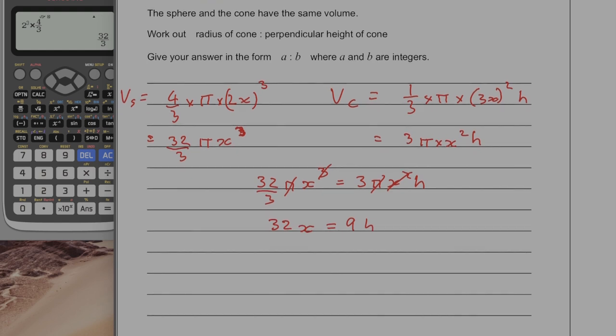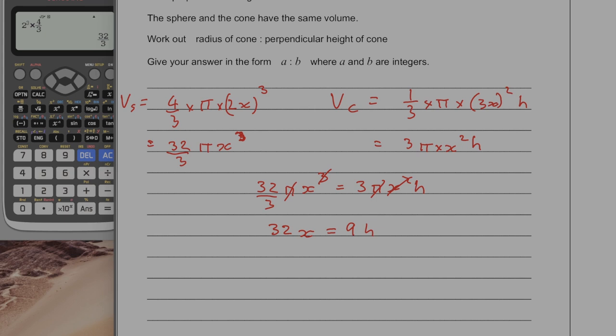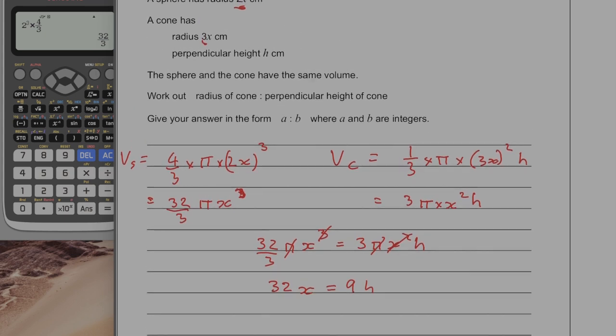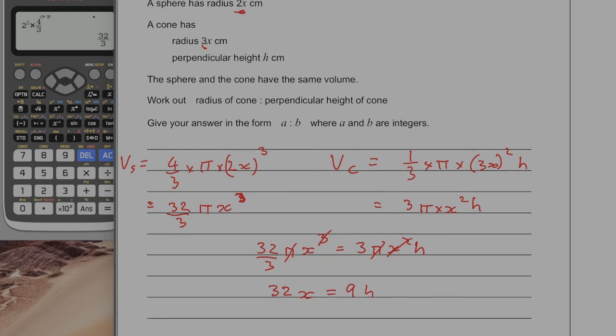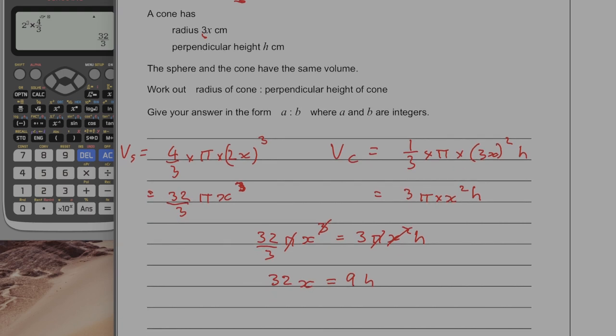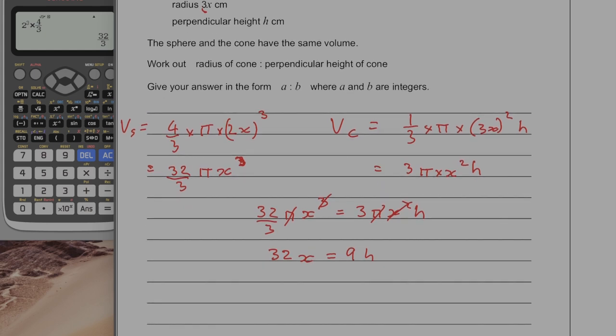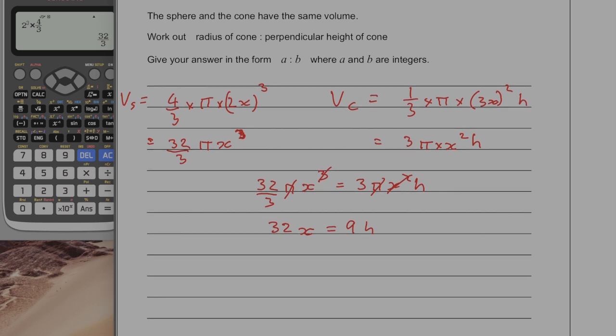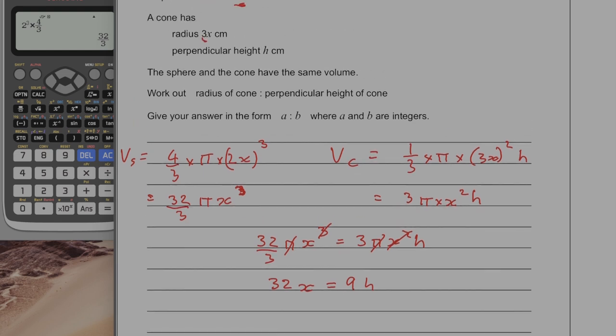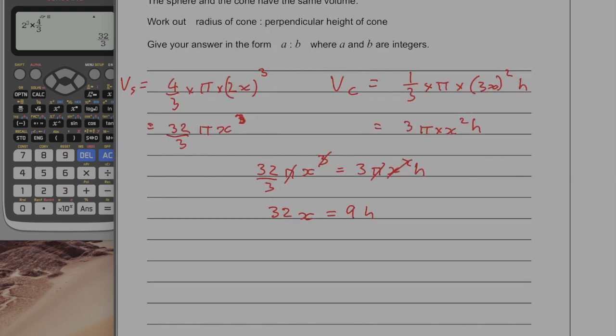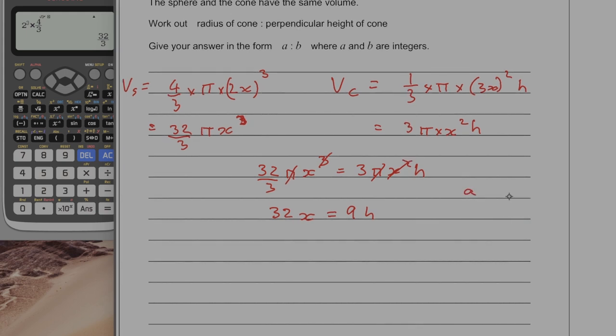So that means then if we're doing radius of the cone to perpendicular height of the cone, right, so there's no point in actually going with x and h because actually we're dealing with a and b.